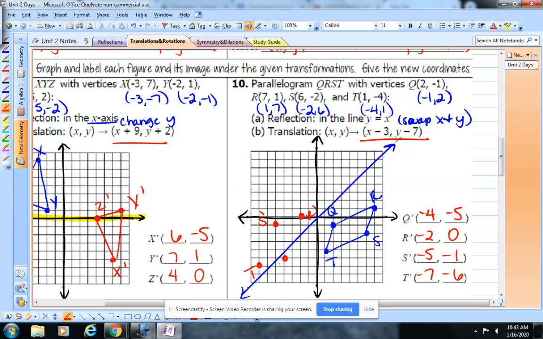I'm just going to move my Q prime. Mine's crooked. Y'all's look something like mine?